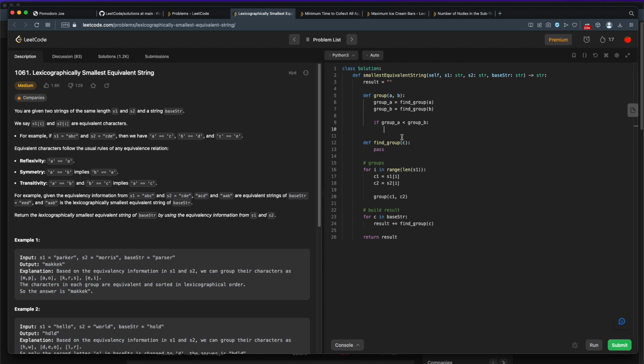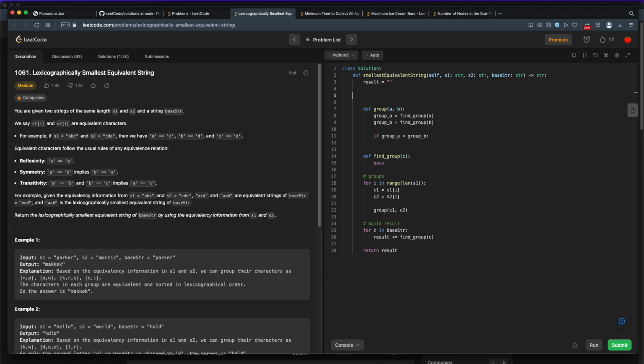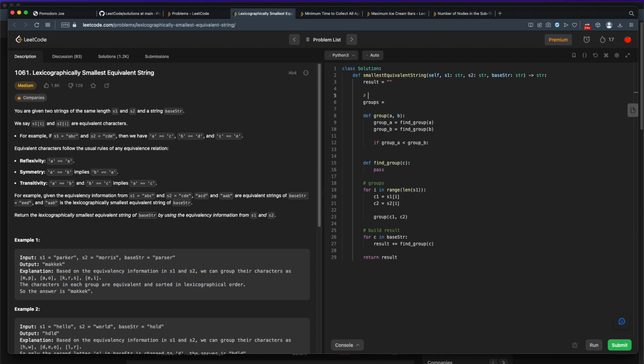Now we don't actually have any grouping structure yet. So how do we want to store our groups? We need some data structure to store our groups. Well, what do we need? We need to have some character map. It's going to take in some character, and it's going to have to map to some other character.